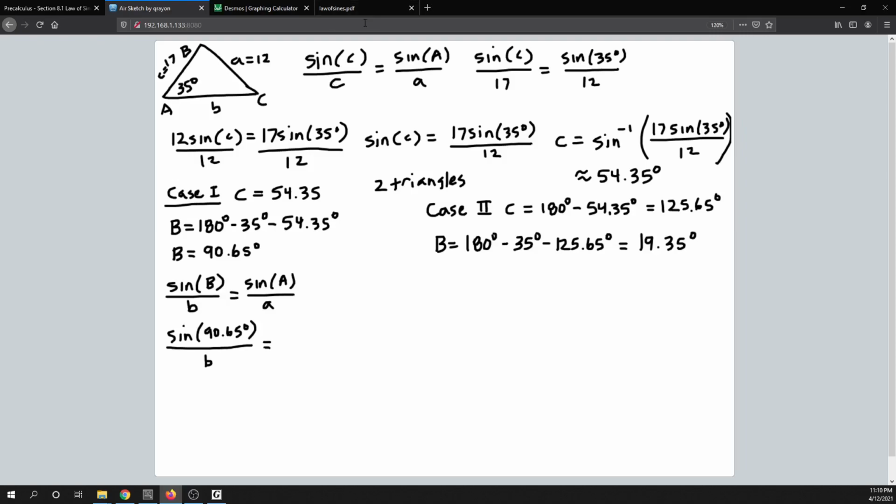And the sine of A would be 35 degrees over side A, which is 12.